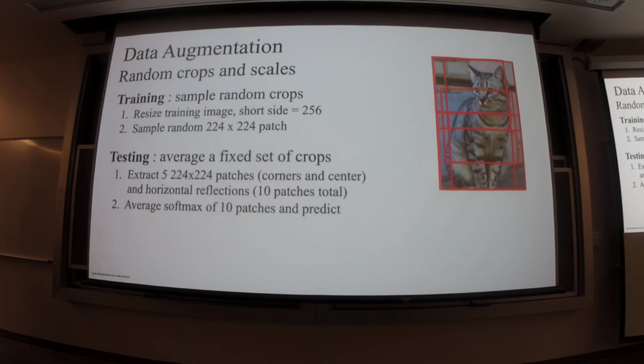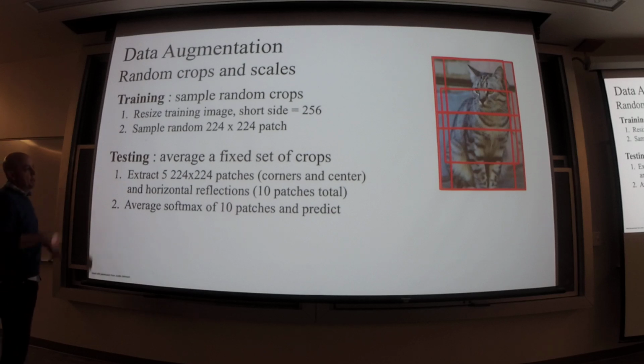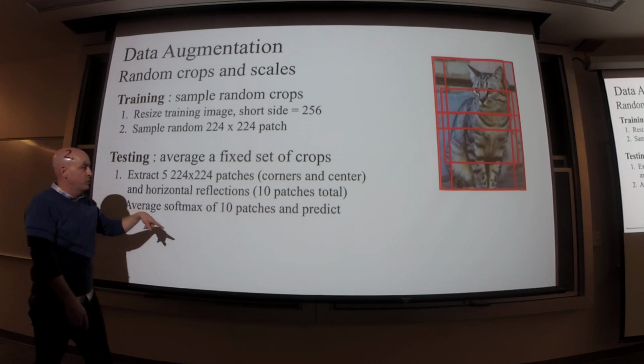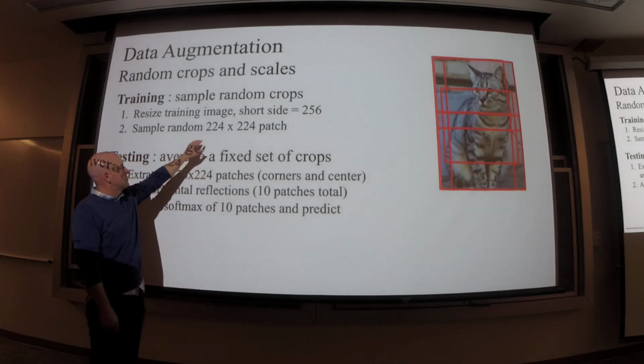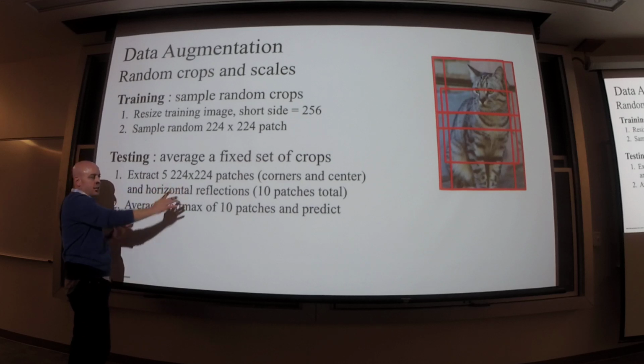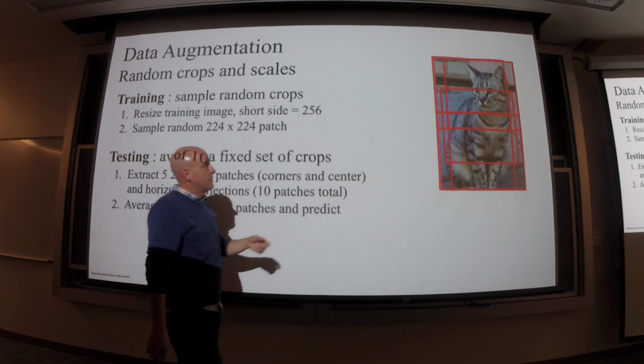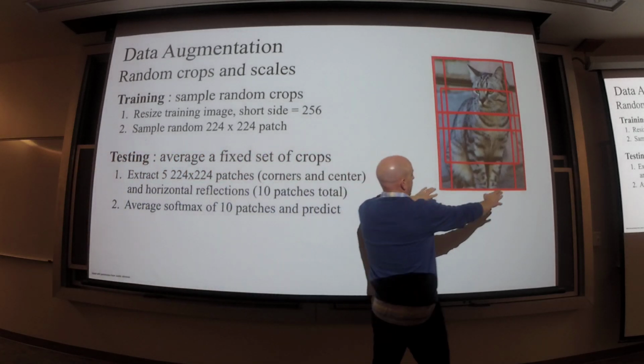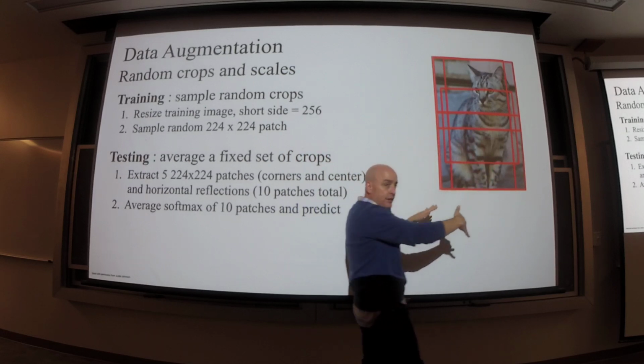So the procedure they were using here was to do random crops at train time. At test time, they would do the same kind of resizing, but then take 5 patches of 224 by 224, because the network was trained on 224 by 224 patches, and you have to use the same size at test time. So they'd take the 4 at each corner and the 1 in the center.